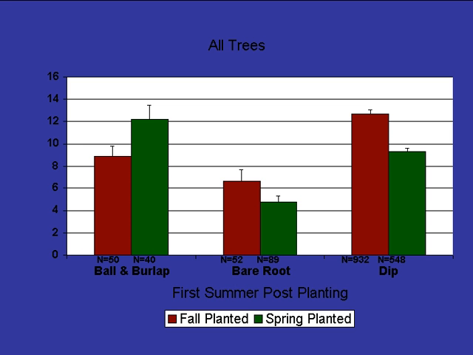Actually, fall, that red column shows we actually have superior new growth the following spring when we plant in the previous fall. And underneath those columns, it says N equals 932. That means there were 932 trees planted in the fall, and 548 plants planted in the spring, and then we're looking at the new growth afterwards.